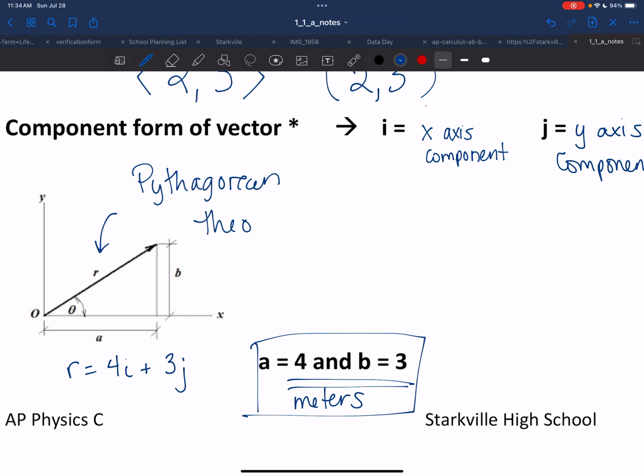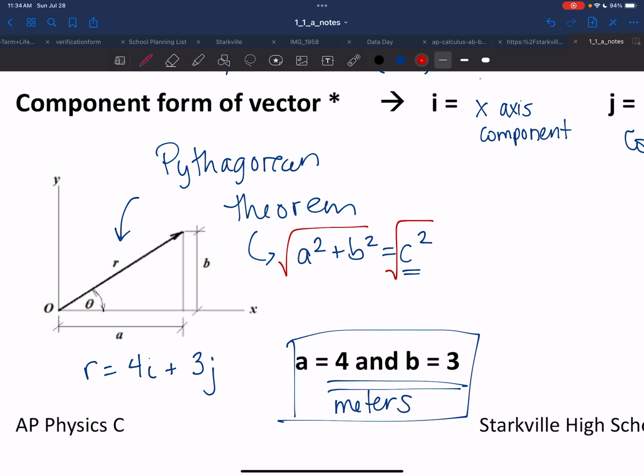And that's how we are going to get our components into an actual vector. So the way that we write that, remember it's a squared plus b squared equals c squared. That's the Pythagorean theorem. If we're solving for c squared, we're going to take the square root of both values, right?